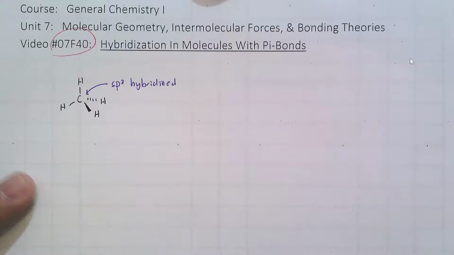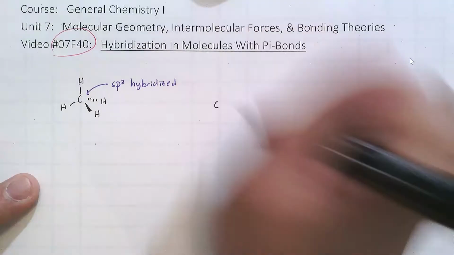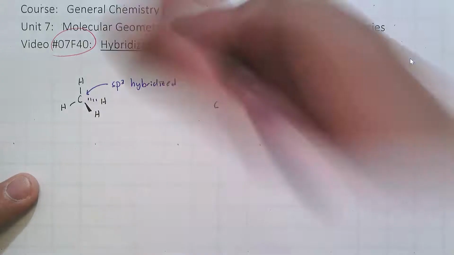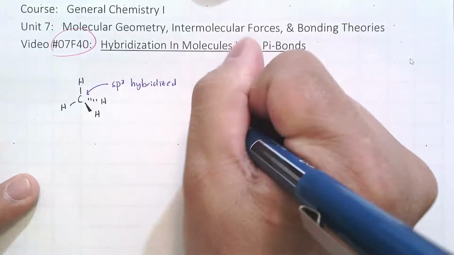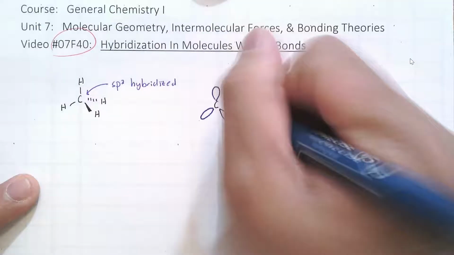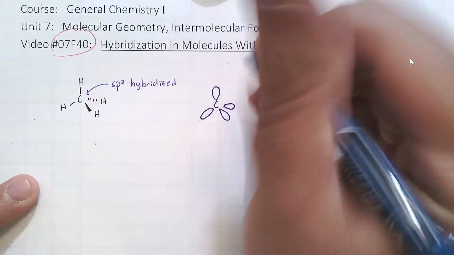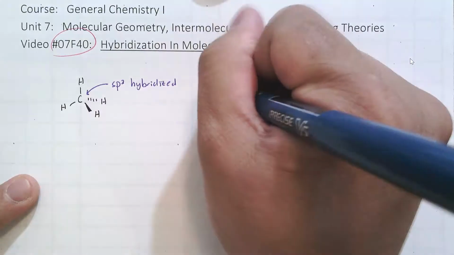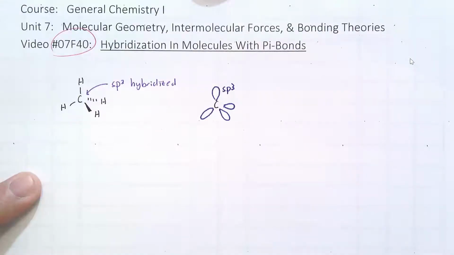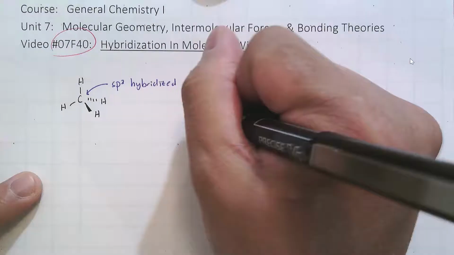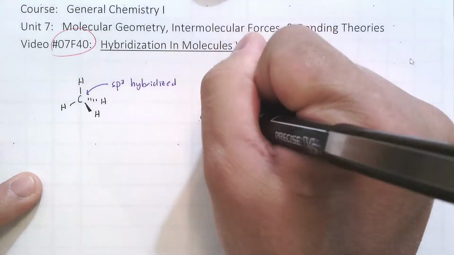And the way that we draw carbon now with its hybrid orbitals is like this, with the lobes that are sp3 arranged in a tetrahedral arrangement. So all of these blue lobes are sp3 orbitals. And you know that carbon has 4 valence electrons: 1, 2, 3, 4.